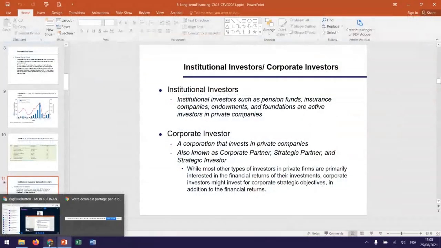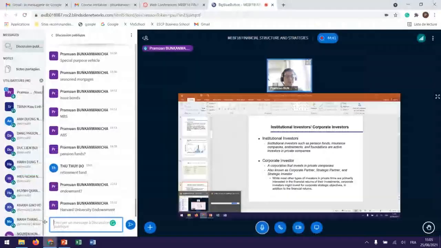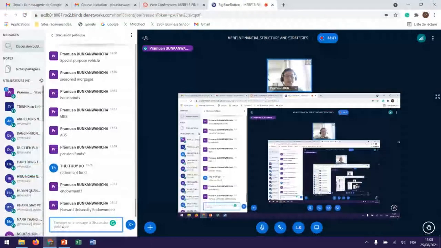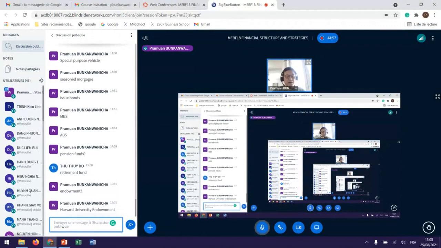You have also a kind of sovereign fund. Have you heard of sovereign funds? What is a sovereign fund? For example, you have the Qatar sovereign fund or the Singapore sovereign fund, which is called Temasek.